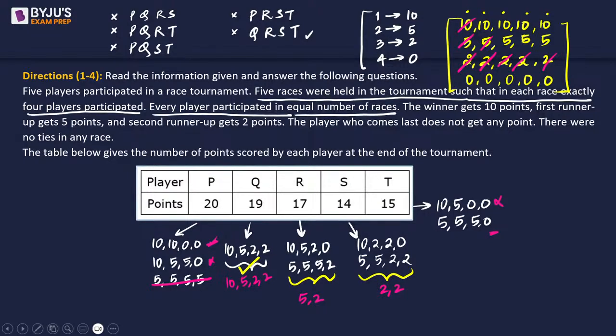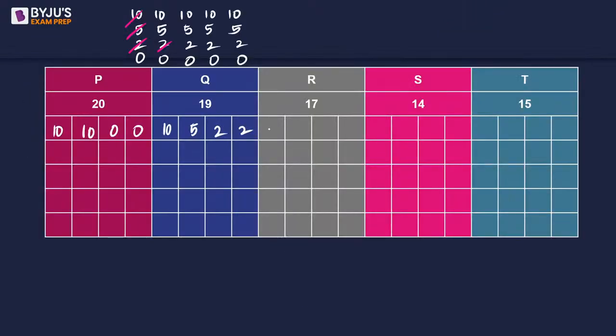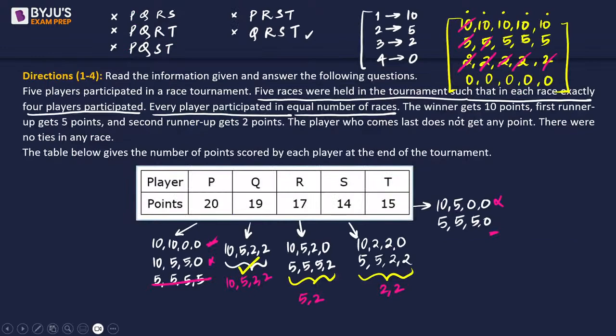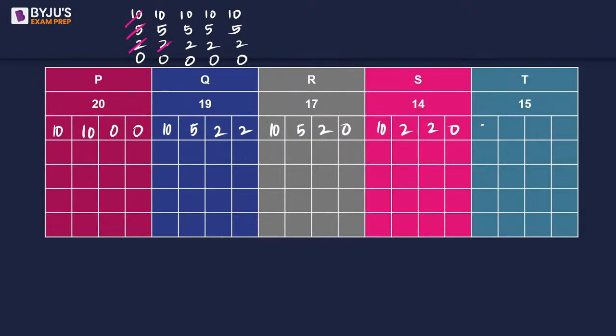So we can have 10, 5, 2, 0, 10, 2, 2, 0 and 5, 5, 0. Right? क्योंकि हमारे उतने सारे फिक्स करने हैं.